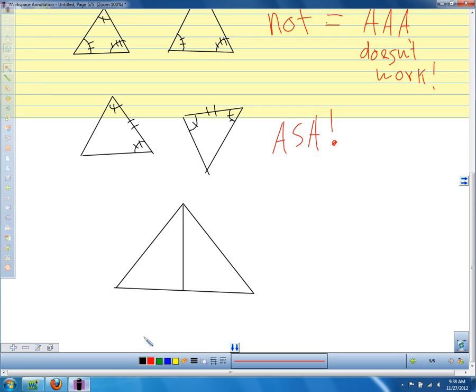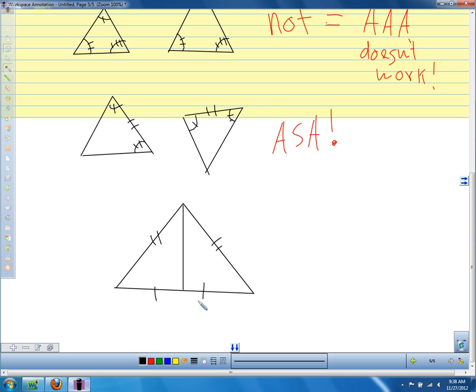We want to know why these two triangles are congruent. Well, we haven't talked about HL yet, so we're not sure about that one.